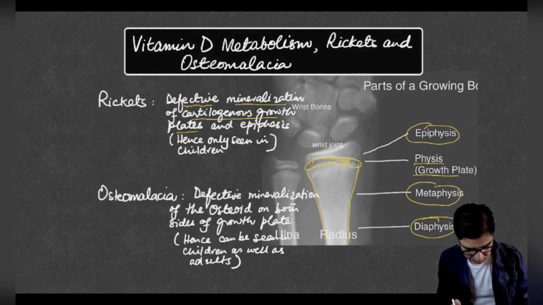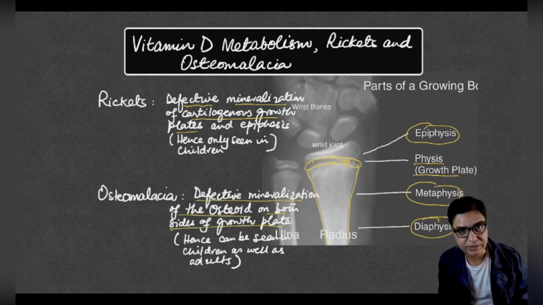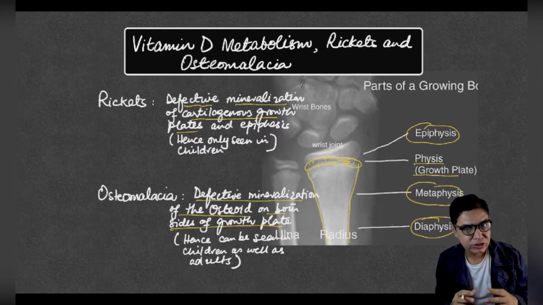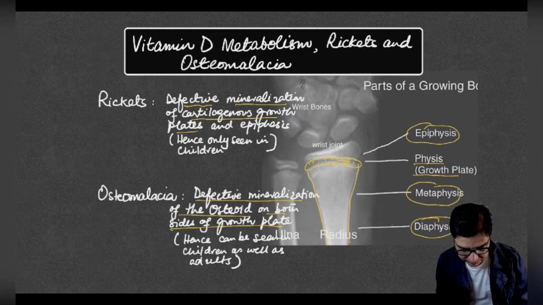While in contrast, osteomalacia is basically defective mineralization of the osteoid on both sides of the growth plate. Now, though they are related with one another, the definition is changed here. It is not only the mineralization of the cartilage.